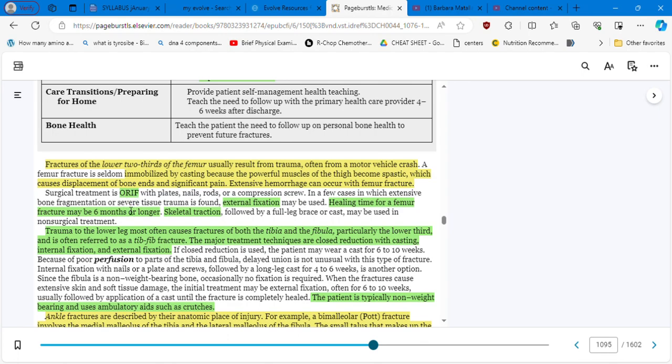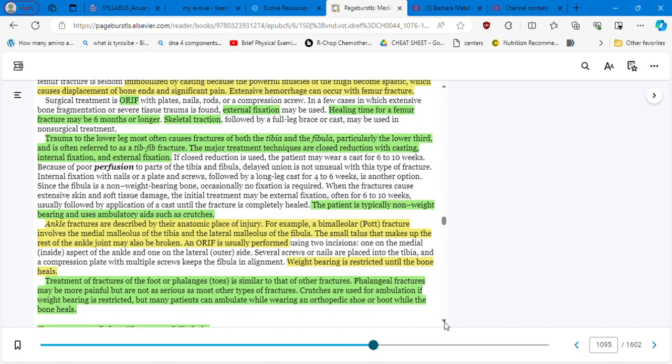The surgical treatment is ORIF, open reduction internal fixation. Sometimes external fixation is used. Healing time for a femur fracture may be 6 months or longer. Skeletal traction also can be considered.